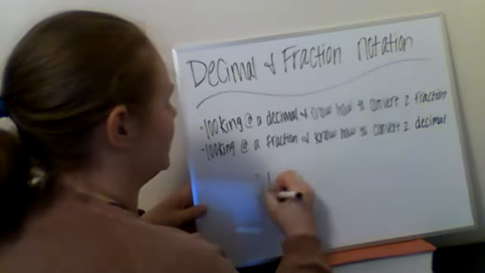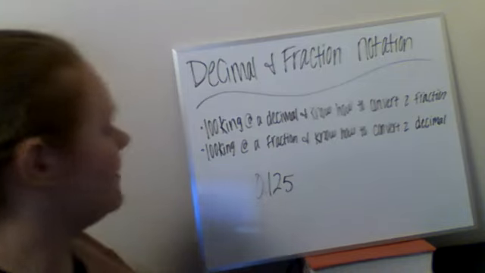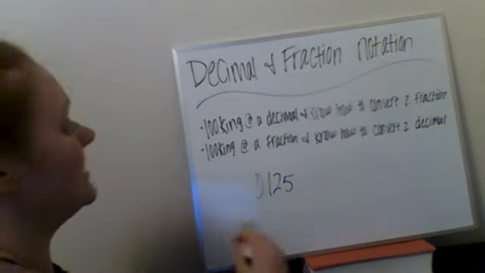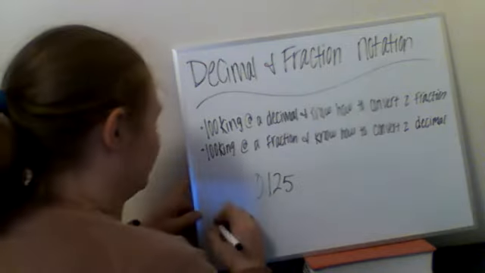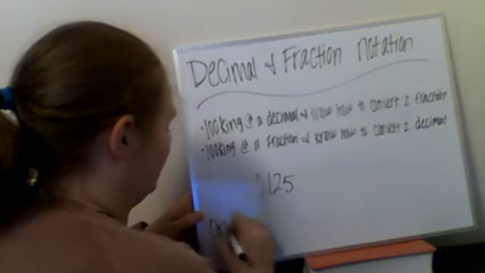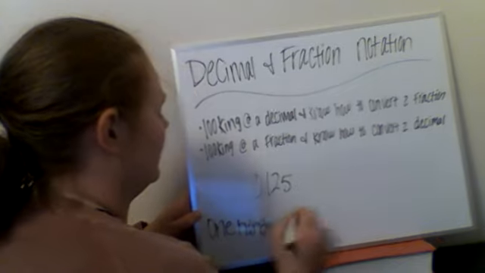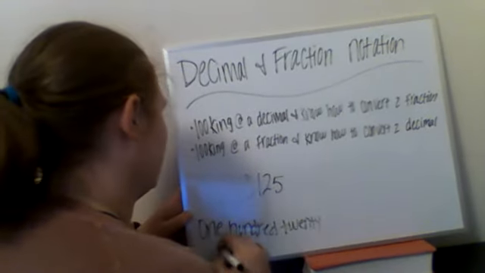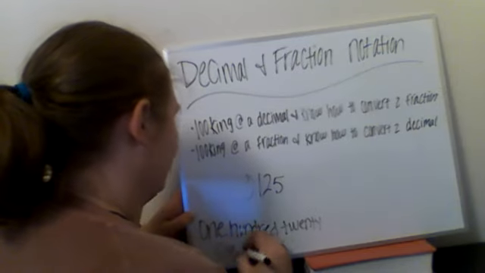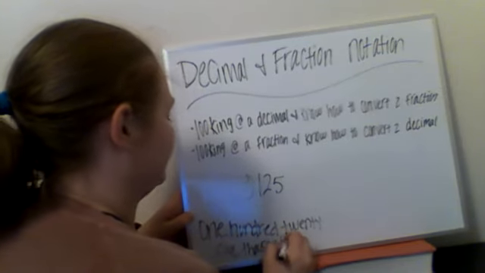So if I gave you the number 125 thousandths, now if I want you to give me the fraction form of that, what I'm going to have to do is write this out first: 0.125.